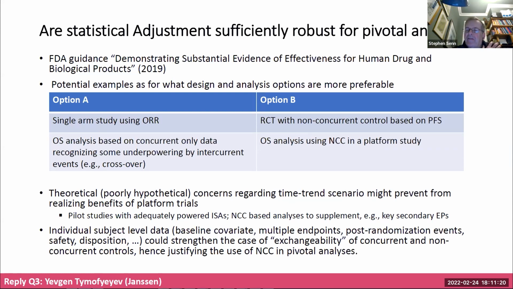But you can go further than that. You can compare lumiracoxib to lumiracoxib across sub-studies, and you will find significant differences at outcome between the 2 sub-studies, despite the fact that they're run at the same time under the same protocol. And the explanation probably is that different centers are involved.